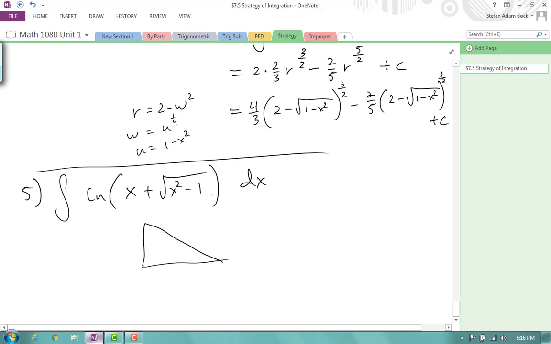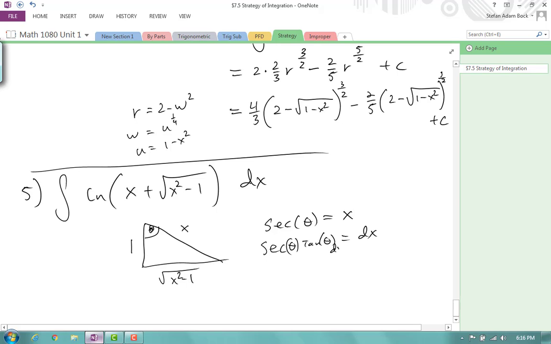The x squared comes first, so I have x here, a 1 here, and the square root of x squared minus 1 down here. I'll put my angle up here, because then the secant of theta will be equal to hypotenuse over adjacent, which is x. And if I take the derivative there, I'll have secant theta tangent theta d theta equals dx.